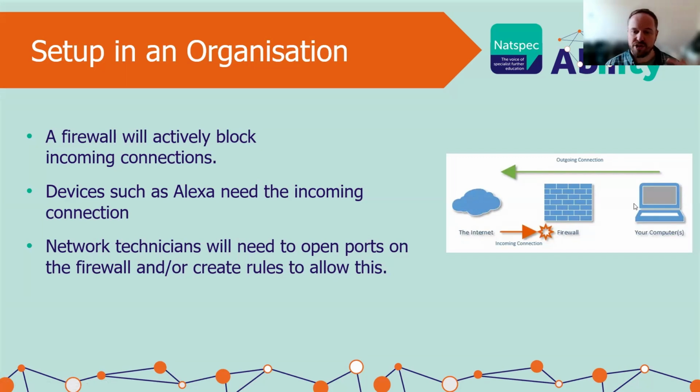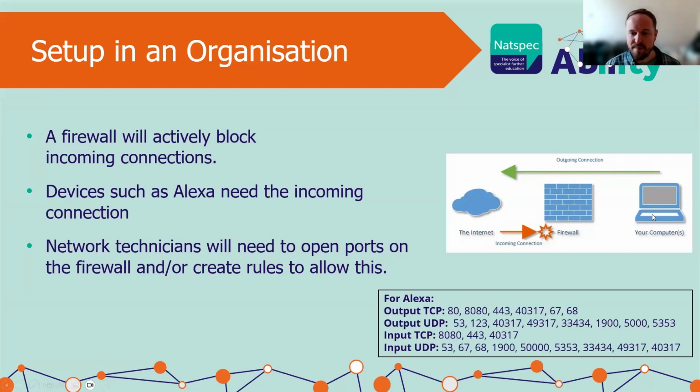There's a picture on the right that shows the firewall blocking those incoming connections, which is what we need to get through to the computer. We've got the details that your IT teams will need there. Don't ask me to translate that into English, but it's IT speak. They'll understand it, and that should help them ensure that those incoming connections make it through.